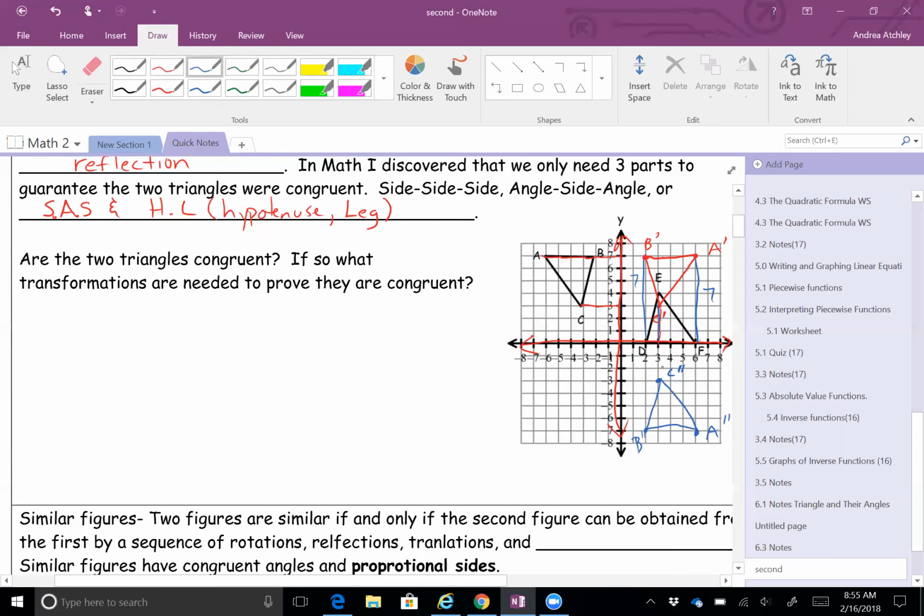Okay, so let's write down those two things we just did. Number 1, reflect across the y-axis. That's what we did first.